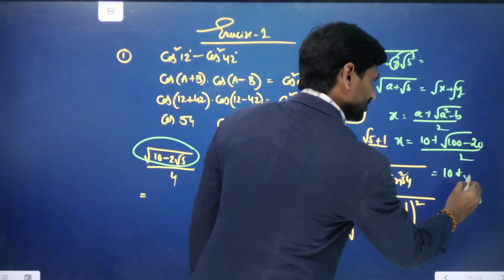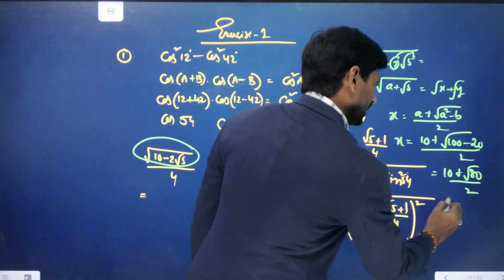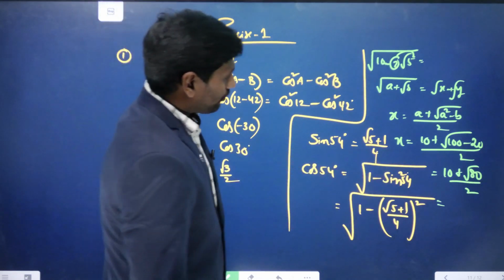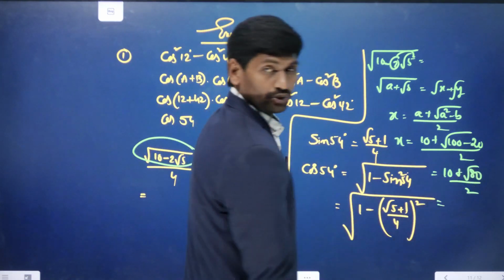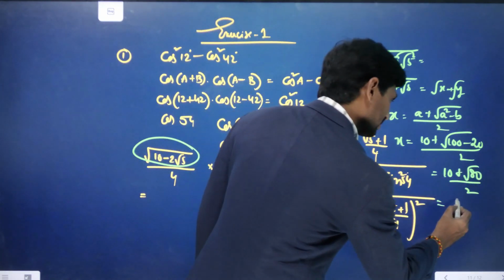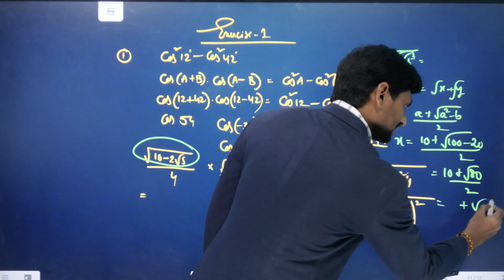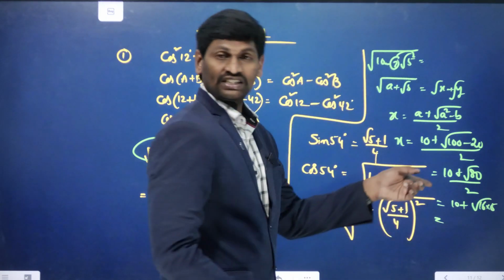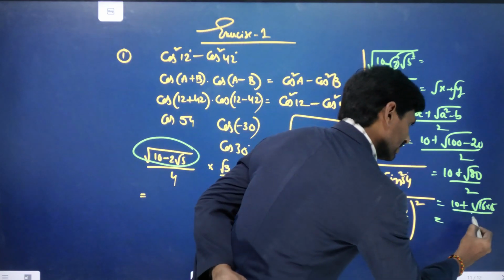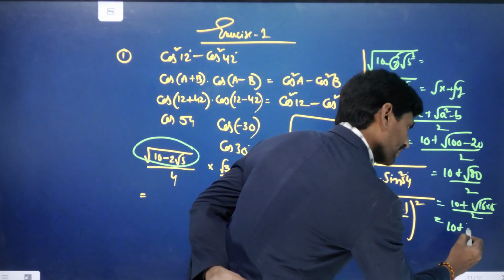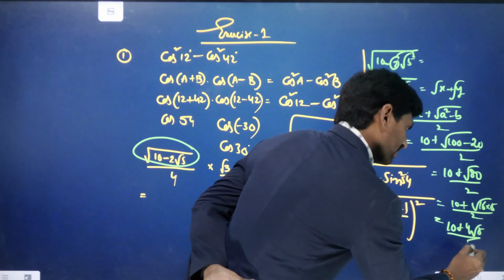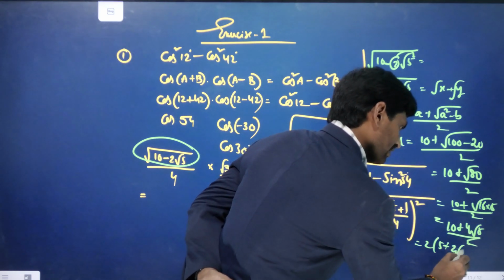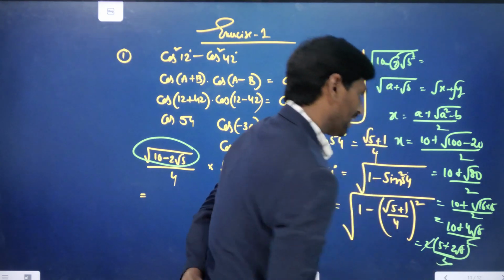This is 10 plus root 80 by 2. 4 twenties are 80, or 16 fives are 80. So from the root of 16, 4 comes outside. That means 10 plus 4 root 5 by 2. Take 2 common, it will be 5 plus 2 root 5 by 2. The 2s cancel, giving 5 plus 2 root 5.